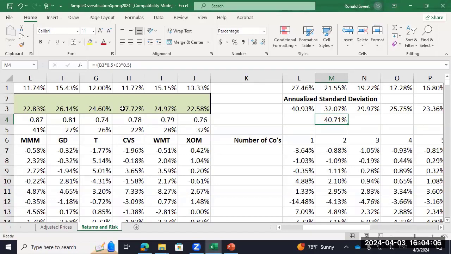And why is that? Well, it's because the correlation between Ford and Apple is not one. If the correlation between Apple and Ford's returns was one, you would get the exact same standard deviation as the average of the two. So this is what the diversification benefit is.